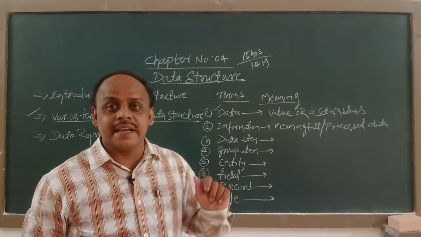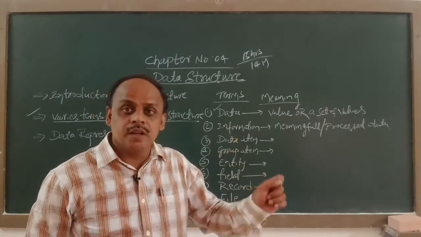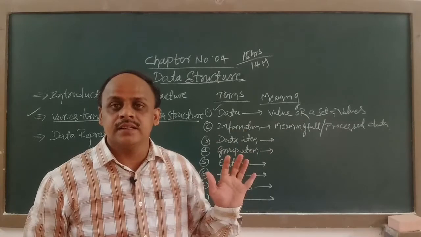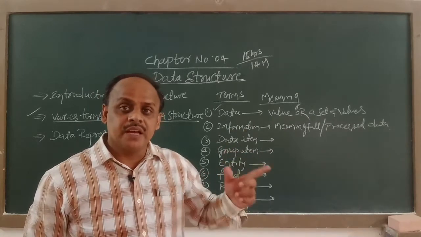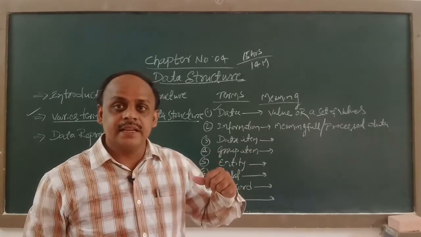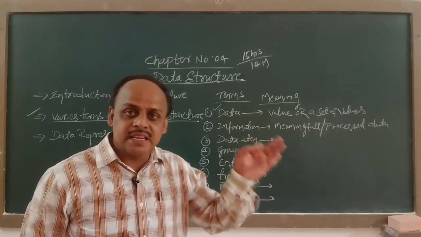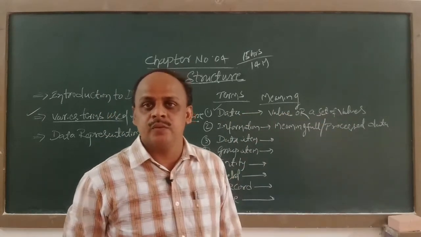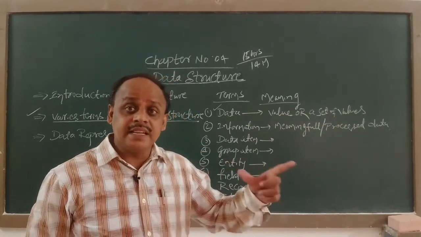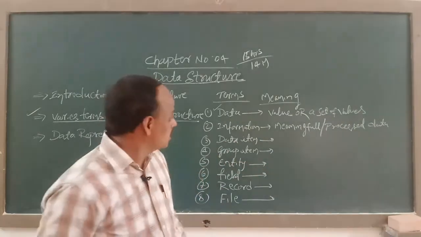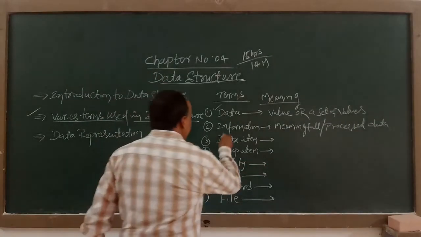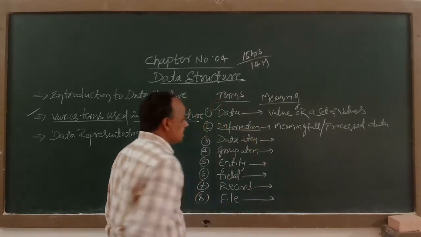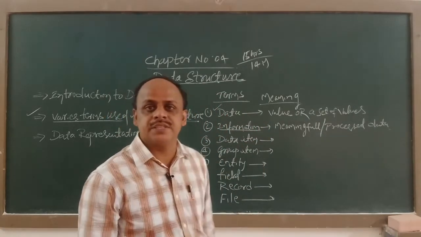But from the second line, my roll number is 25, we can conclude that 25 is the roll number of that student. This sentence has a meaning, so such a thing is called information.